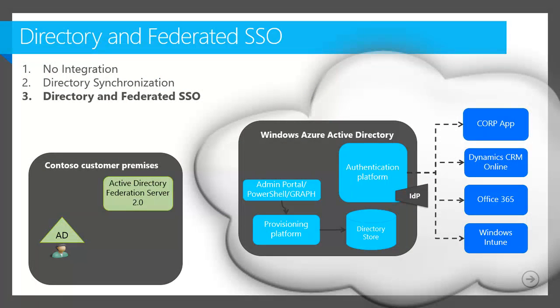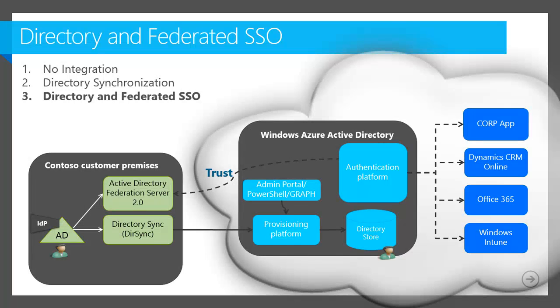Okay. The last scenario, and I think for a lot of folks this is going to be the preferred scenario, is directory and federated single sign-on. In this case, you're going to set up DirSync as well, right? You're still going to synchronize your directory service. But where it gets different is in the authentication mechanism.